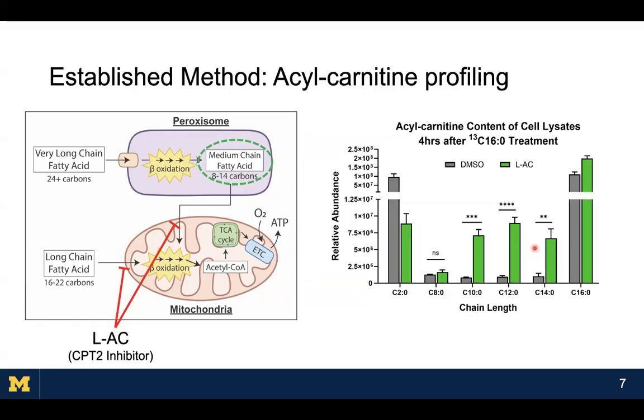However, one of the drawbacks is that this is just a single time point snapshot of that beta oxidation. So we're not getting a very holistic view of how the cells process the fatty acids that we're giving them. And if you've ever cultured RPE cells, you'll know that they're very difficult to grow up. They're difficult to differentiate from iPSCs.